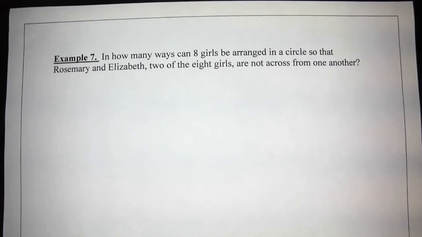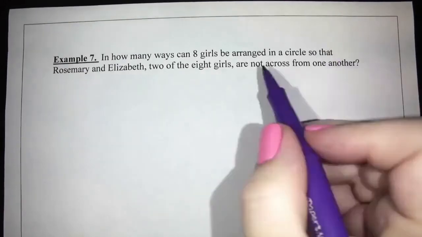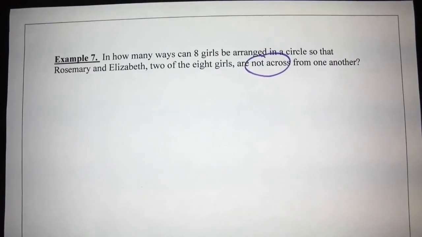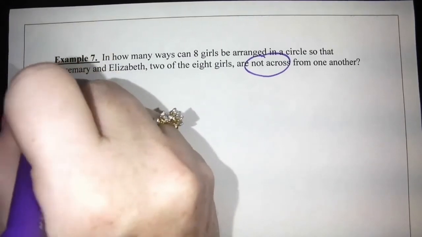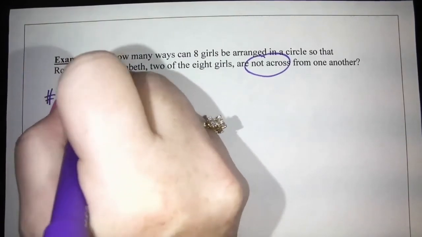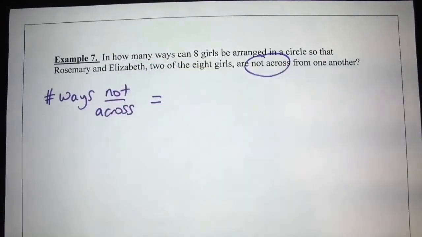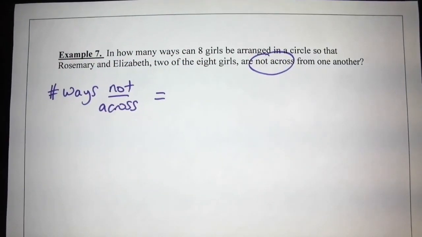Okay, a couple more here. In how many ways can 8 girls be arranged in a circle so that Rosemary and Elizabeth, 2 of the 8 girls, are not across? So again, just like not together, not across becomes complicated because where are they if they're not across? There's too many different ways, too many things to look at. So the number of ways they are not across would be what? What do you think here?